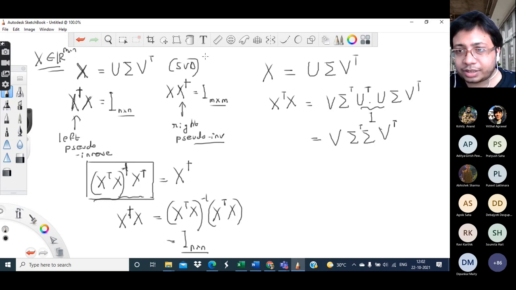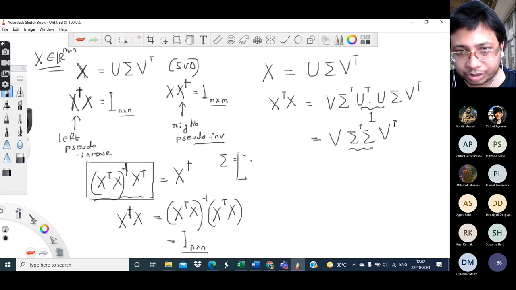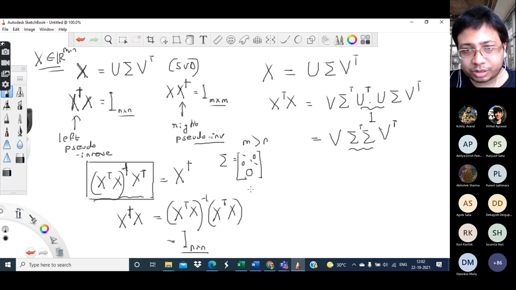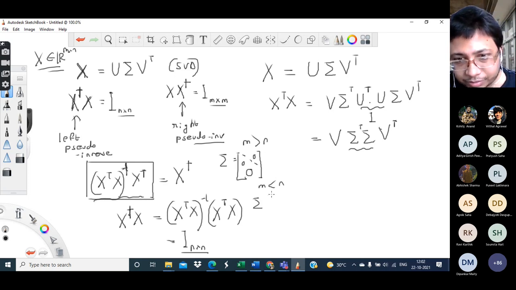Now you can check what sigma transpose sigma is going to be, given that sigma is a diagonal matrix of this manner. Maybe there are some extra zeros here: if m is greater than n, this is what sigma looks like, and if m is less than n, this is what sigma looks like.